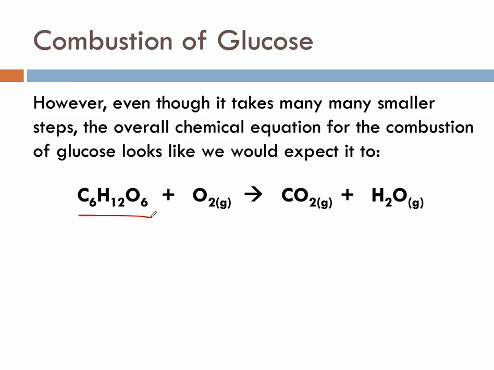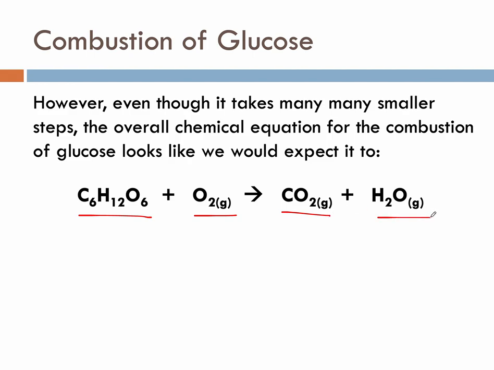We're gonna breathe in oxygen gas, right? You breathe that into your lungs and that gives oxygen to all of the cells in your body. Your blood cells are gonna carry that oxygen all around your body to every cell. And then over many chemical reactions, that's going to be broken down into carbon dioxide gas that you then breathe out. That gets transferred back to your lungs, right? And then you breathe it out, and water.